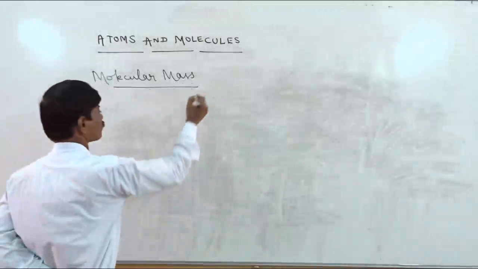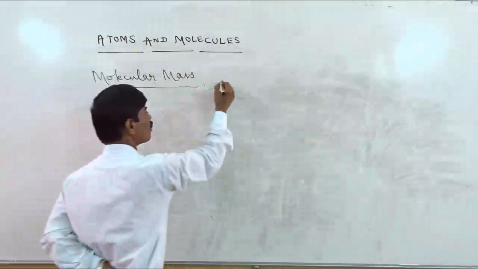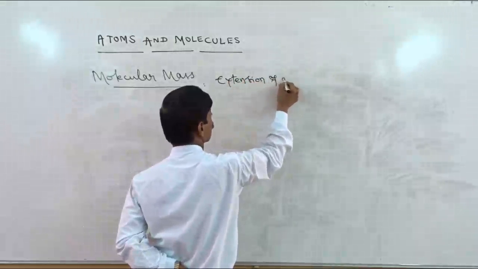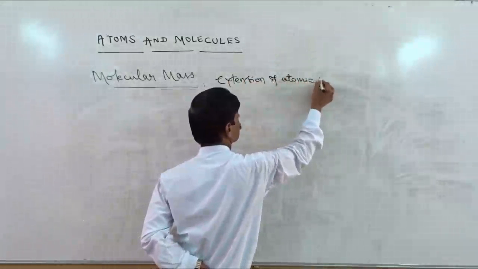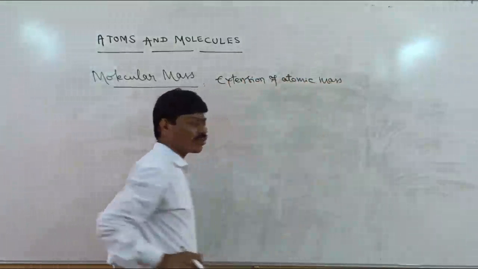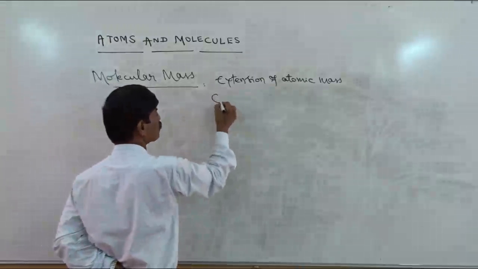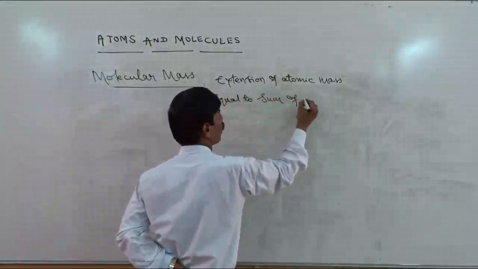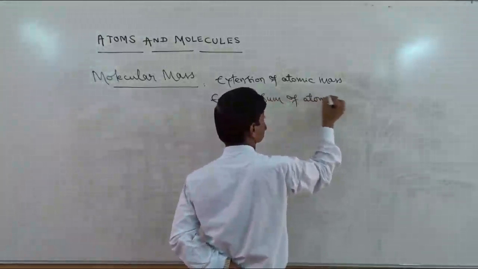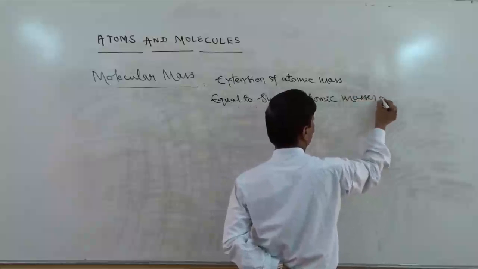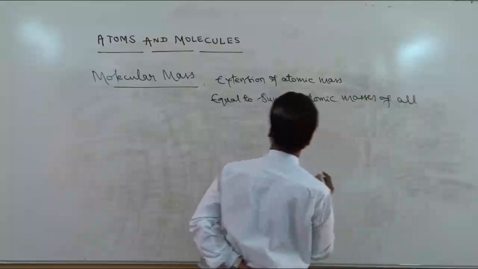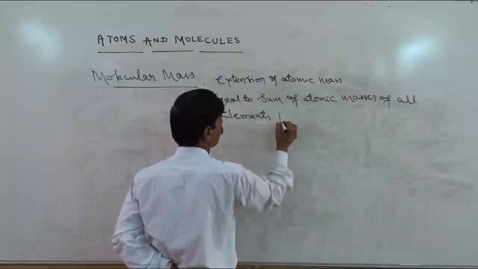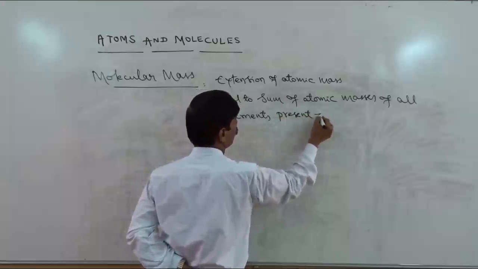Now let us see this concept. This is an extension of atomic mass. This is an important point. Number 2: molecular mass is equal to the sum of atomic masses of all elements present in it.